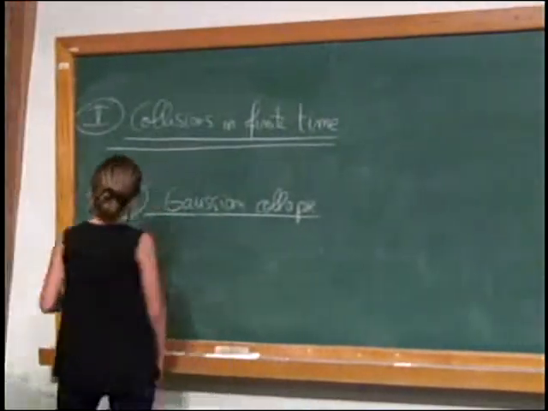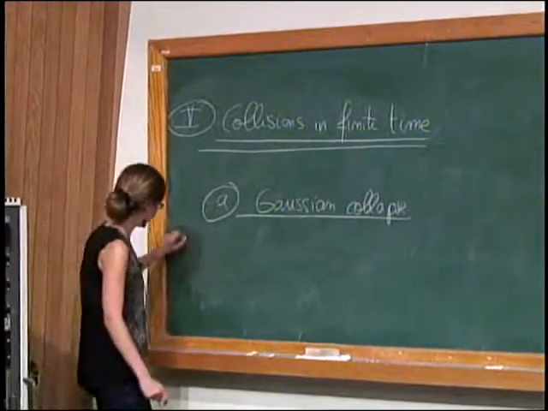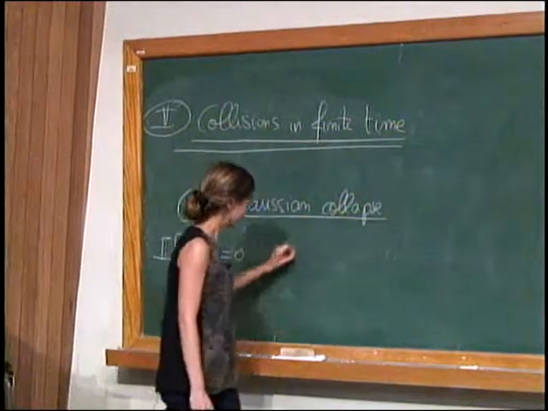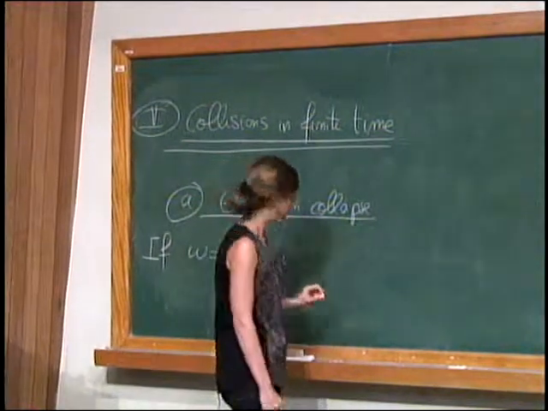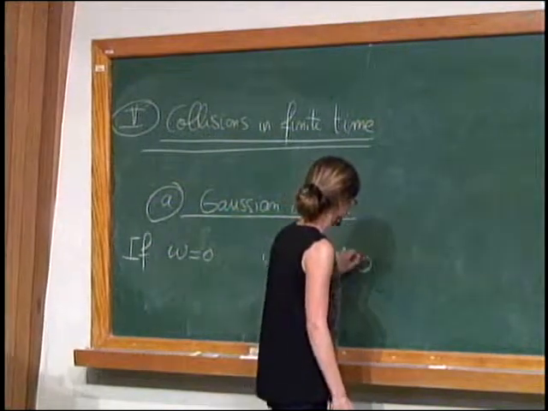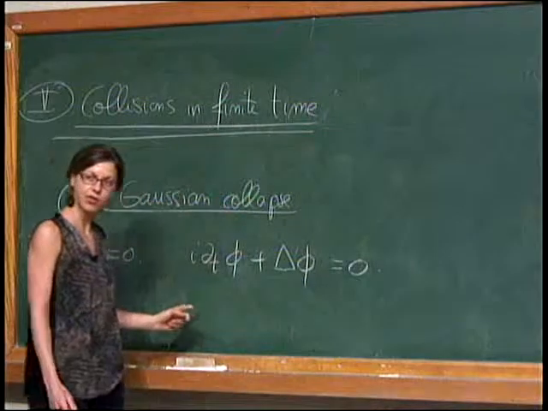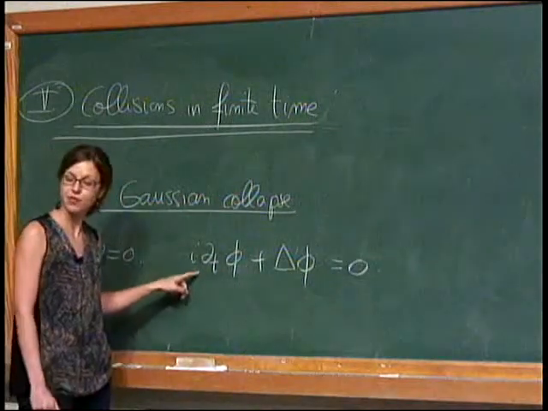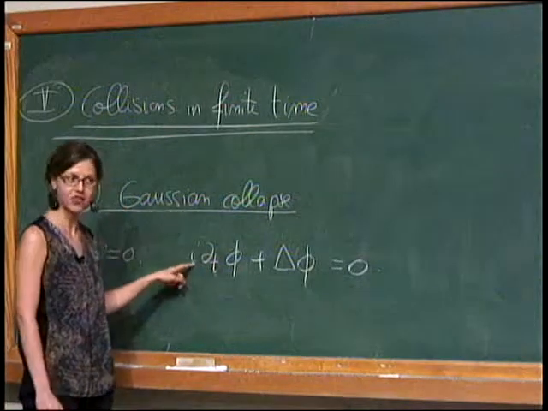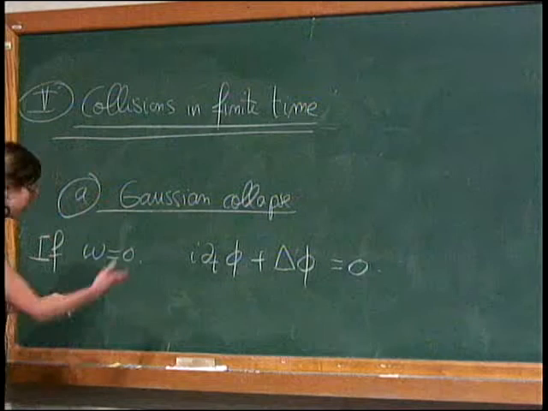In fact, if we set omega equal to 0, then we get a linear Schrödinger equation for phi. Therefore, it suffices to construct an explicit solution of this equation such that phi vanishes at some point. Okay? And this is the following example.